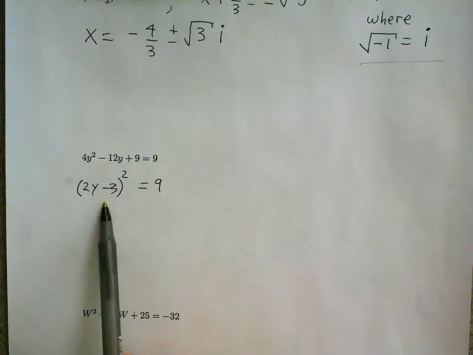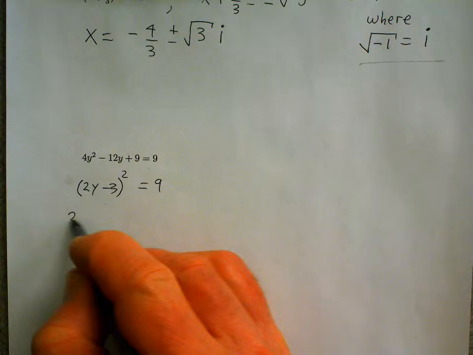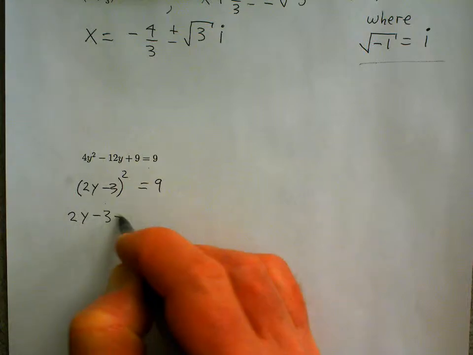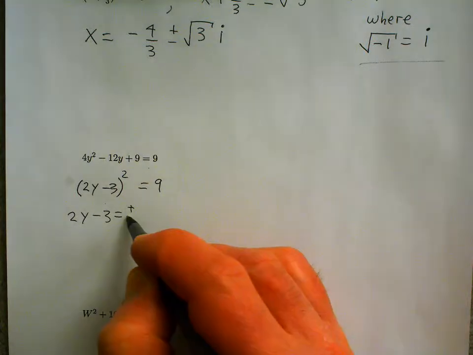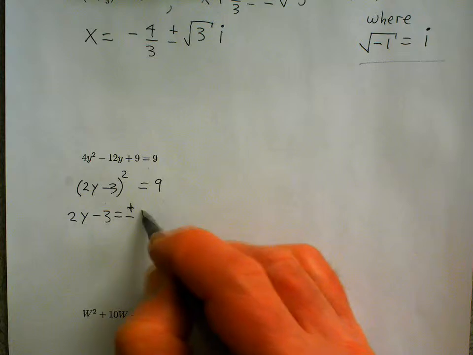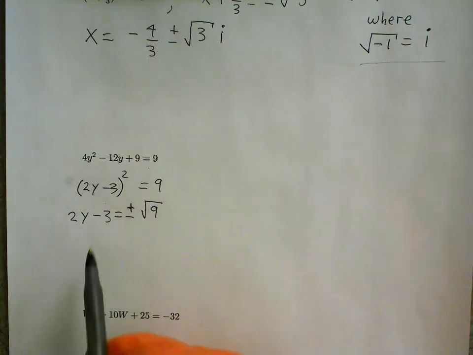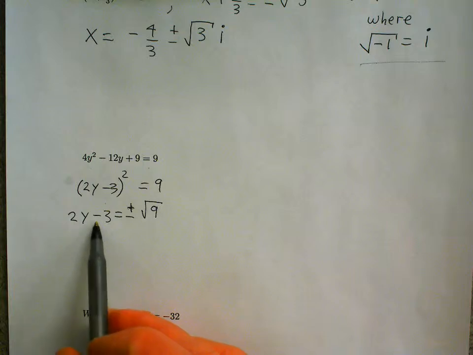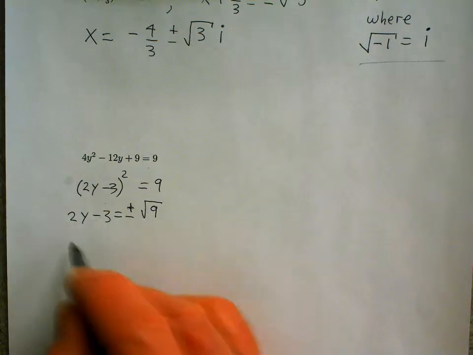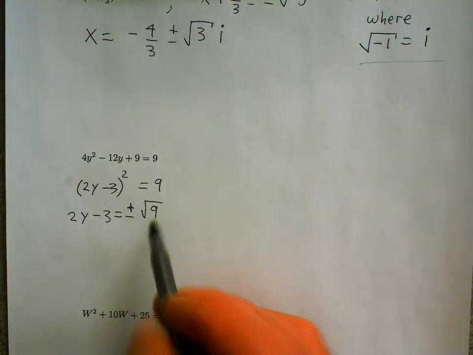And then we can apply the square root property. And we write 2y minus 3 equals positive and negative square root of 9. So in the next step, we'll add 3 to both sides and also simplify the square root of 9.